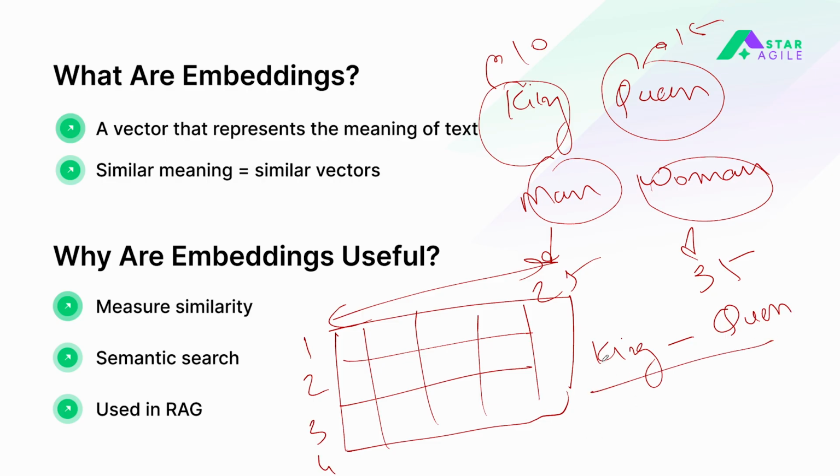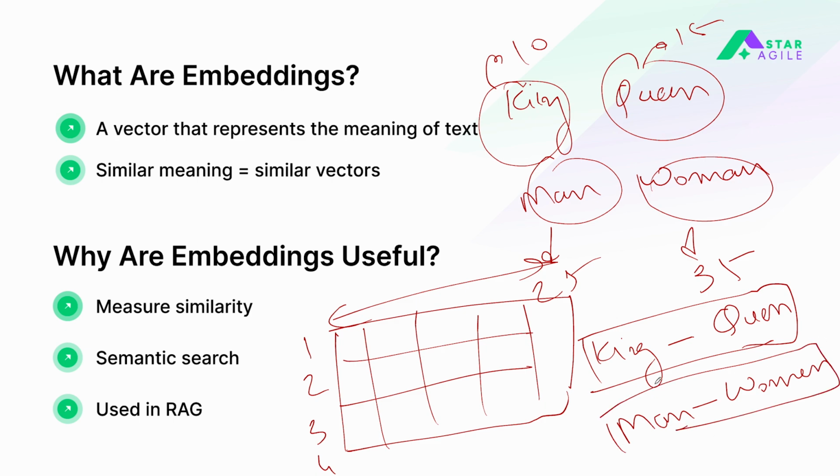The resulting vector that you get will be very much parallel to the vector that you get by subtracting the vector of man from the vector of women, right? Because these words are encoded into their vectors, when you do simple mathematical operations like subtraction or addition, the resultant vectors from these two pairs are also going to be parallel.